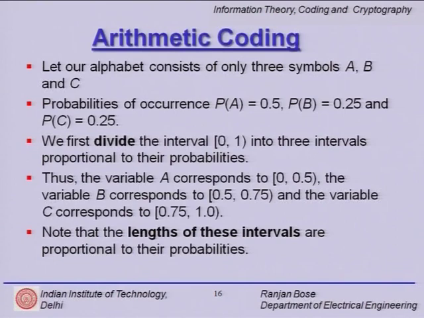Numbers are resources. This real line is a resource, it is real estate. We would like to divide this real estate equally for PB and PC, which have 0.25 probabilities, whereas PA, which has a higher probability, will require 0.5, so half the line.